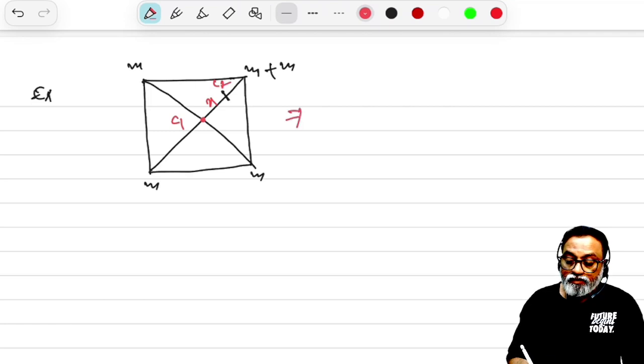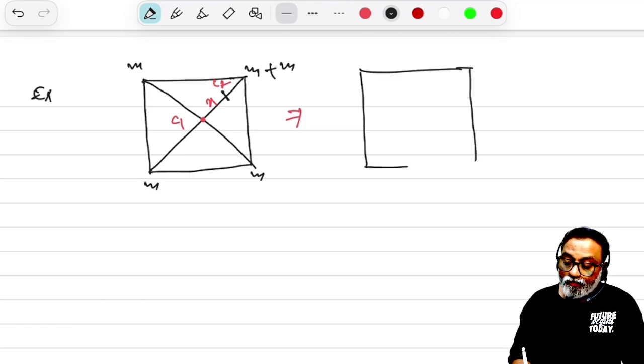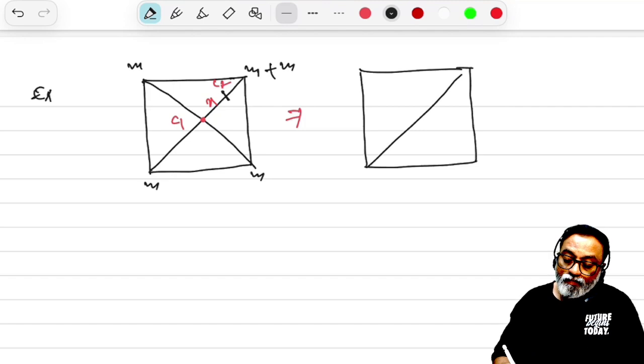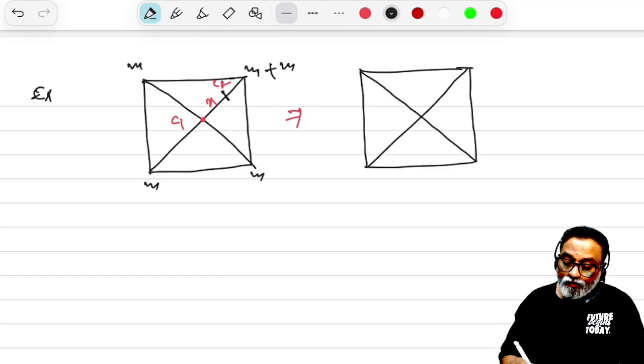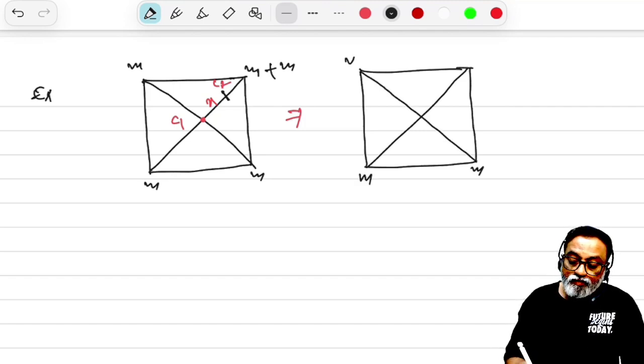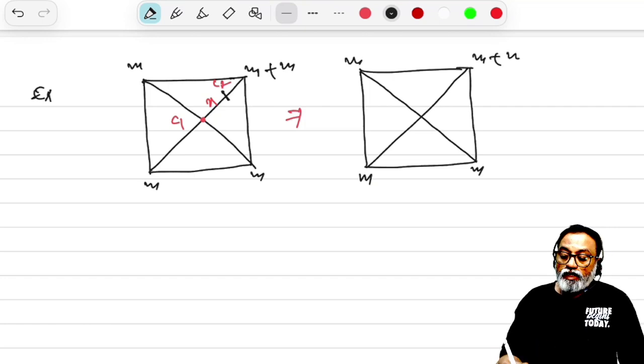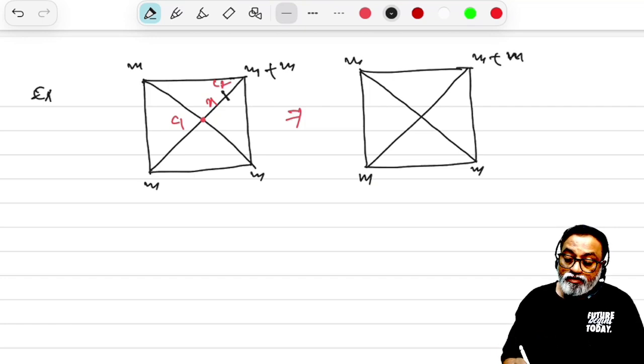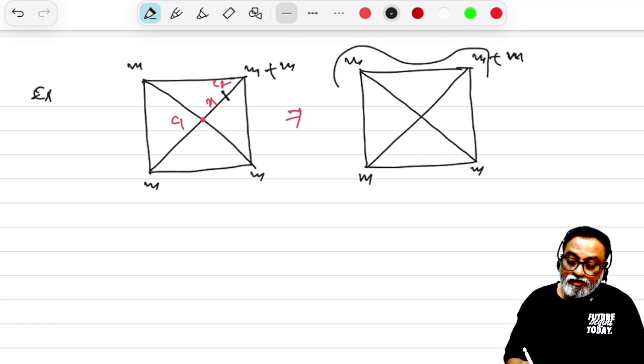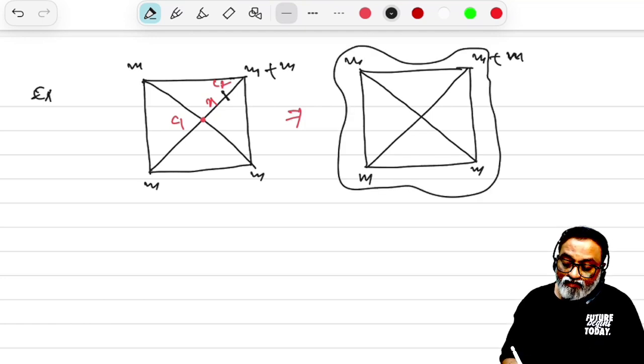This is X. See, M, M, M, M. I doubled one mass. See here, these 4 masses, total center of mass initially at C1, that is 4M. Now another mass is added. Therefore, the center of mass is shifted from C1 to C2, X.